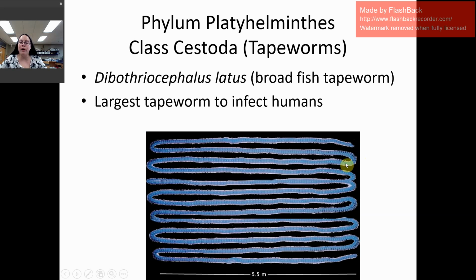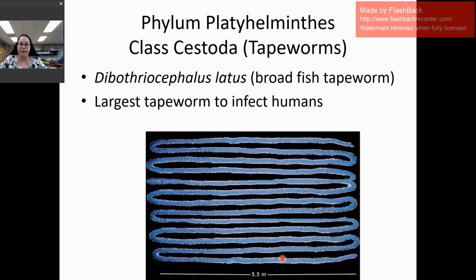Okay, next. Here we have a picture of a different tapeworm. It is still a tapeworm, but this one is extremely long. You can see you actually don't have the scolex on that, but there's the beginning over here, and then it goes all the way. They folded it a bunch just to use less space, and it goes all the way up to here.